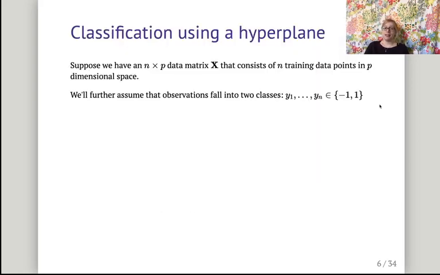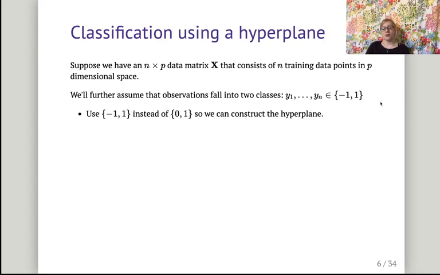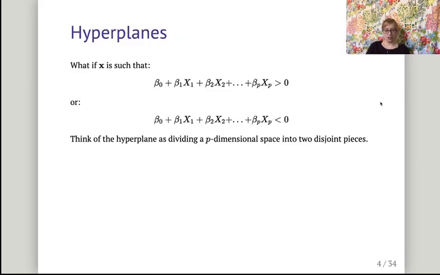Now, let's say that we have a data matrix, n times p dimensions, that consists of n training data points in p-dimensional space. We're going to further make an assumption that observations fall into two classes. We're going to code these a little bit differently, so we'll have a -1 class and a +1 class. That's so we can construct the hyperplane. The hyperplane is some function in terms of beta 0, beta 1, beta 2, all the way to beta p.